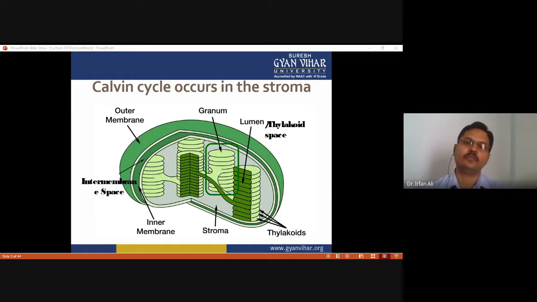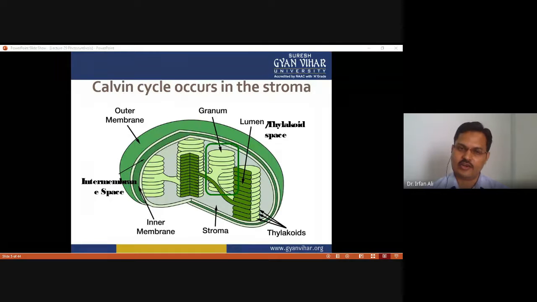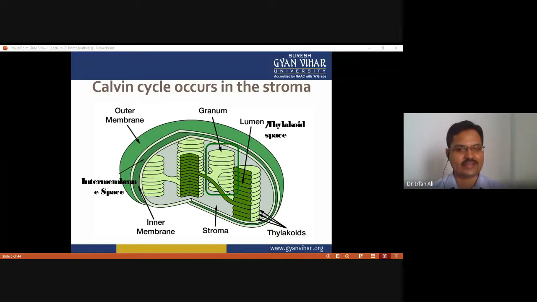The light reaction takes place in the thylakoid, but the dark reaction takes place in the stroma. The part outside the thylakoid is called the stroma, so the Calvin cycle takes place in the stroma.